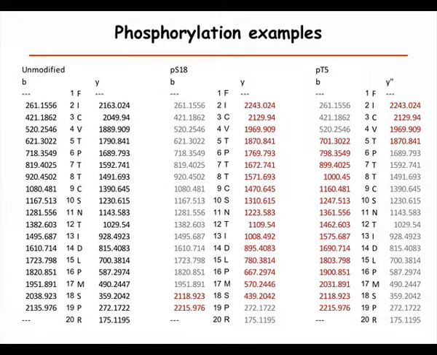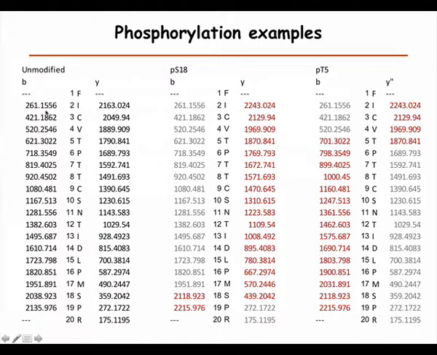So this is an example of a phosphorylation. This is similar to what Trixie talked to you about, and maybe it's exactly the same example that she used in one of the cases. Here we have the unmodified peptide, and we have calculated the B and the Y ions.